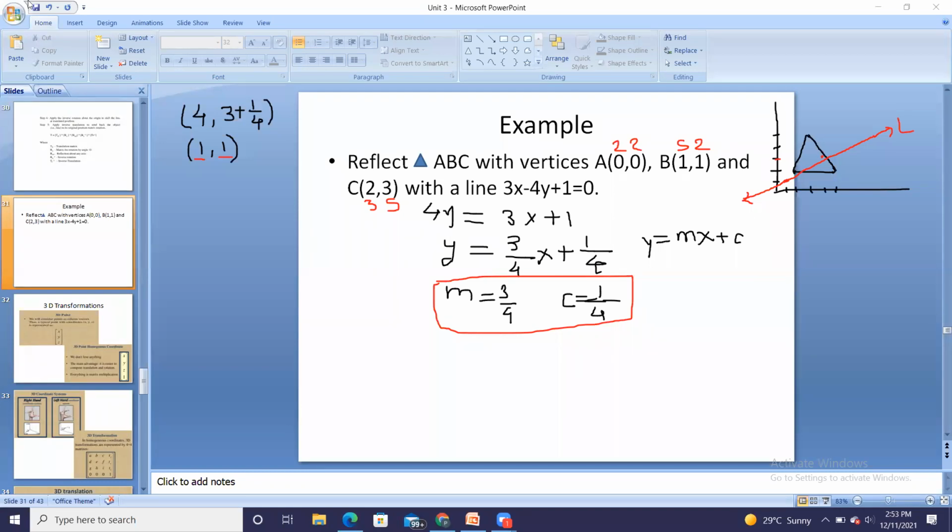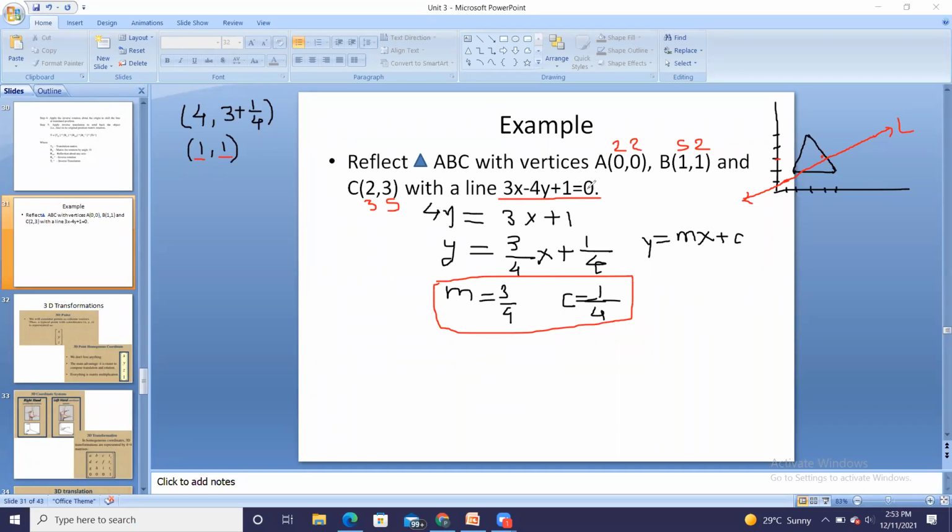I have the point (1, 1) and the point with x value 4 and y value 3 plus 1/4, so it is almost 3. When I join these 2 points, I get this line. So this is your line L, which has the expression 3x minus 4y plus 1 equal to 0.